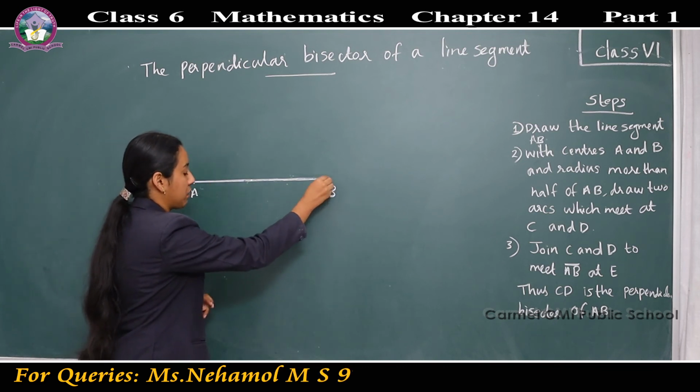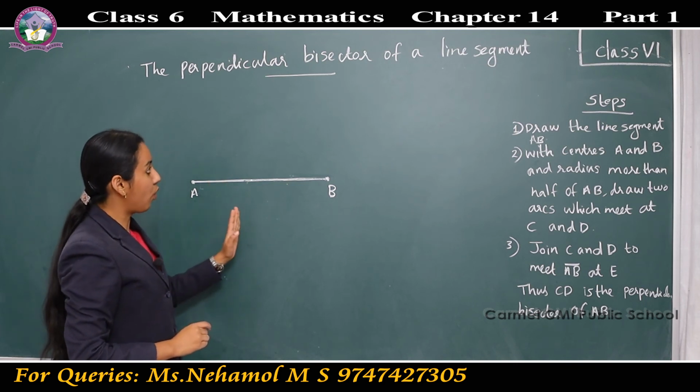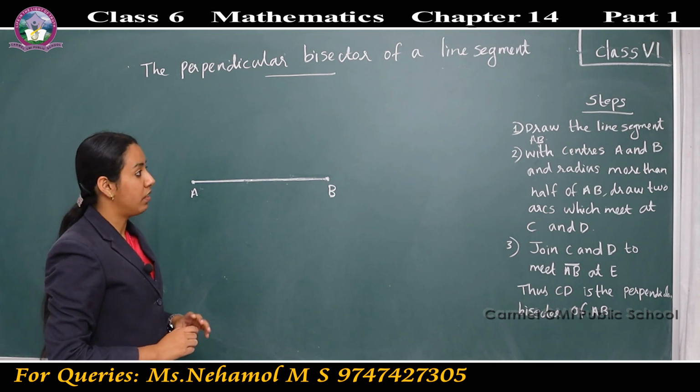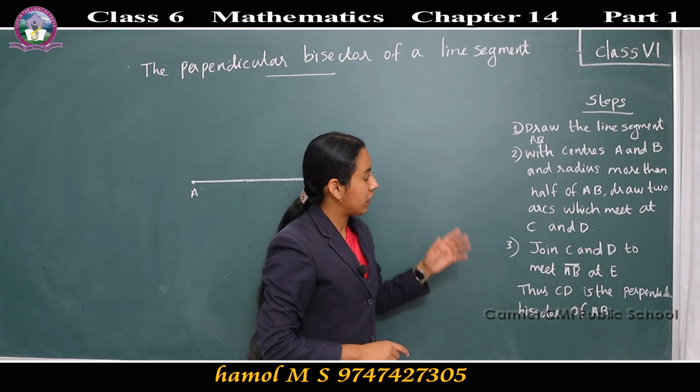Here one line segment is given, AB. We have to draw a perpendicular bisector for this line segment. Then which are the steps? Draw the line segment AB.